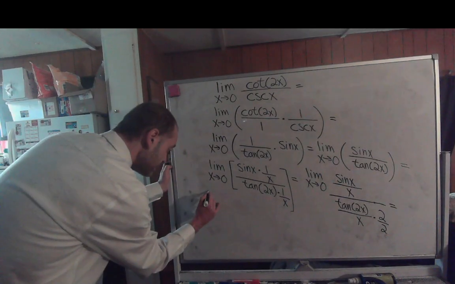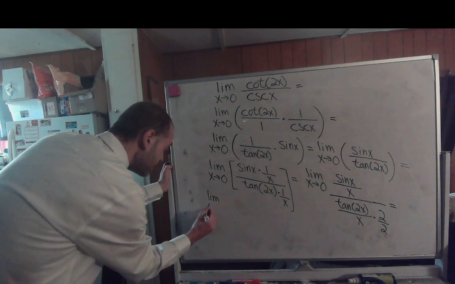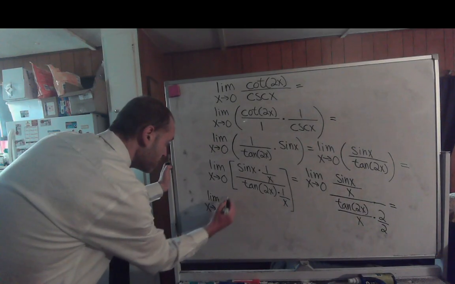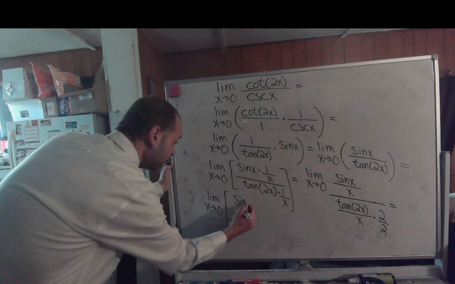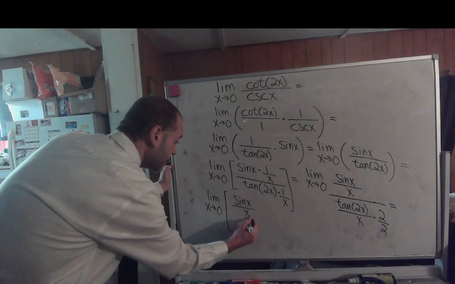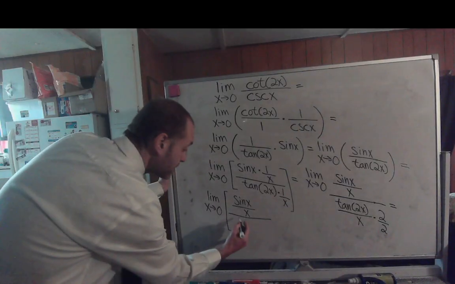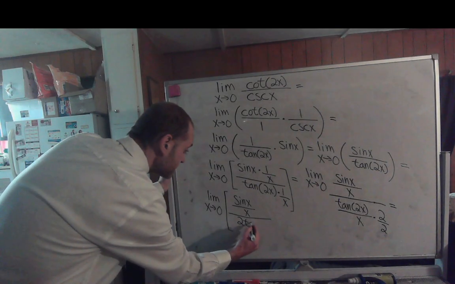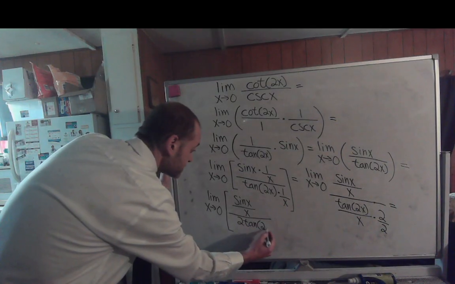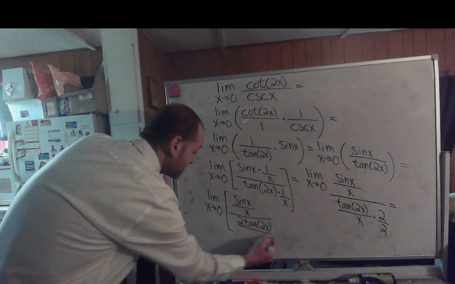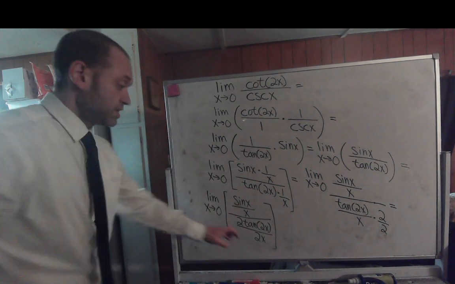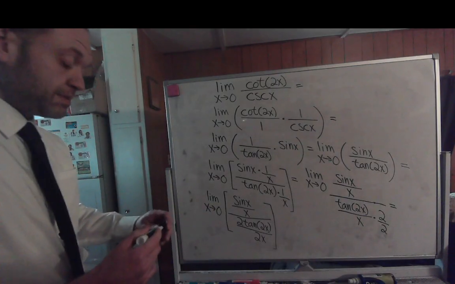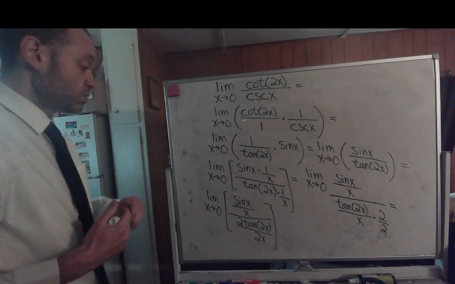You'll get the limit as x approaches 0 of the sine of x divided by x all over 2 times the tangent of 2x divided by 2x. And now notice you have both numerator and denominator in a form you can actually work with.